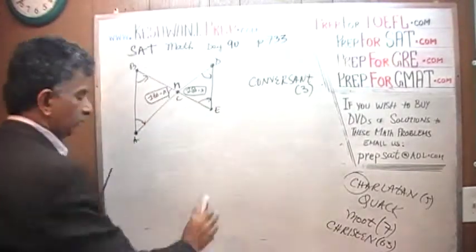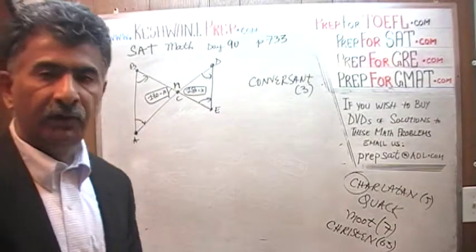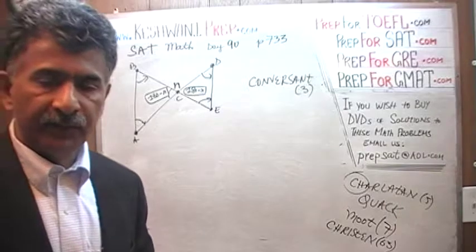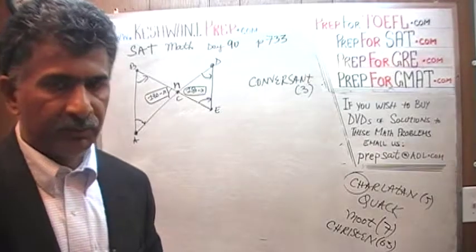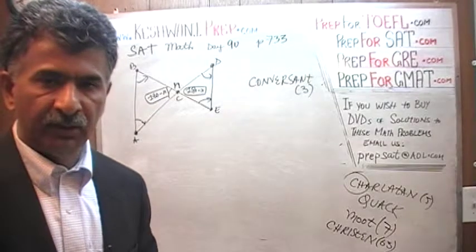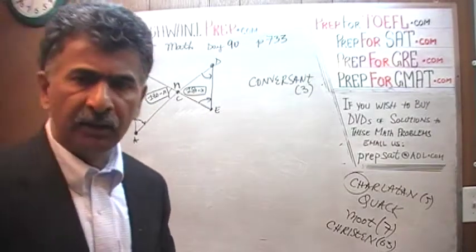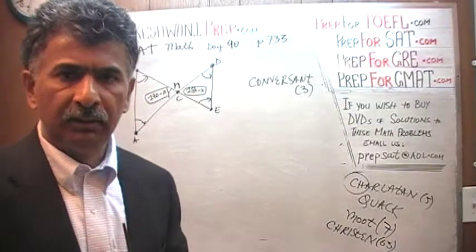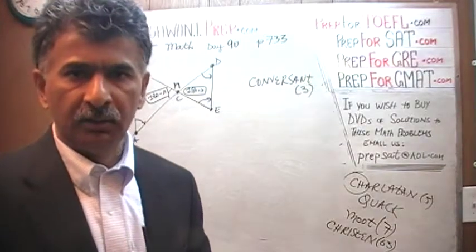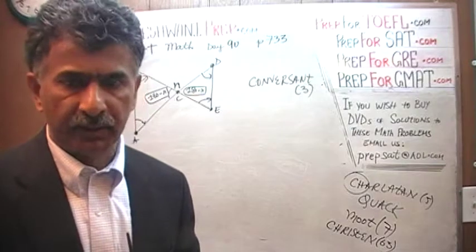Now, the third thing we have to ask ourselves is, what is the sum of the angles in a given triangle? The sum of the angles in any triangle. It doesn't matter what the triangle looks like. It doesn't have to be a right triangle or an isosceles triangle or an equilateral triangle or an obtuse triangle or an acute triangle or an ugly triangle. It could be any kind of triangle.